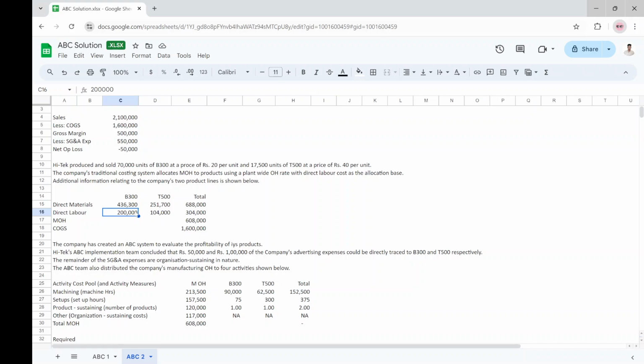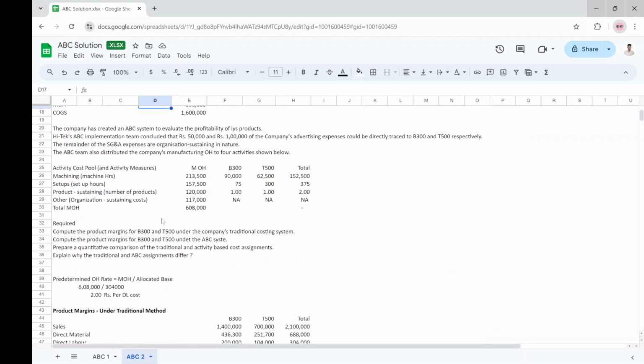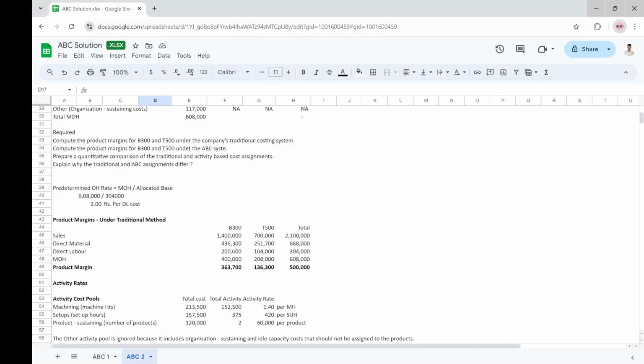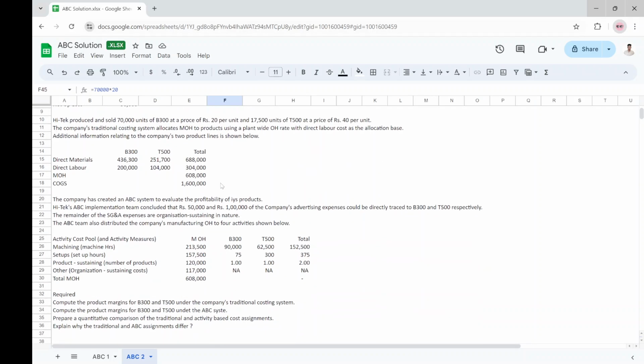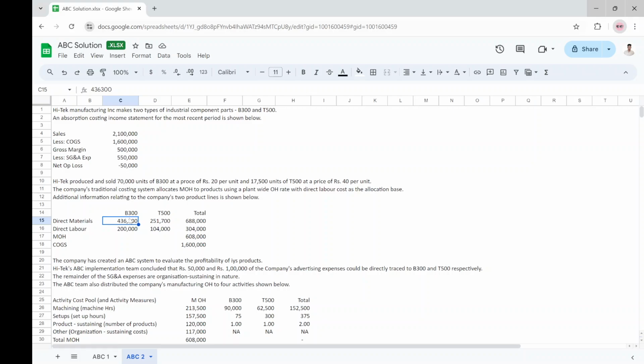For 2 lakh labor, MOH will be 4 lakh, into 2, and for this 1 lakh 4,000, 2 lakh 8,000. We can just divide it like that. And for the other cost, sales we can calculate from 70,000 into 20, minus the direct material, direct labor, and MOH, which we calculated as 2 lakh into 2, 4 lakh.